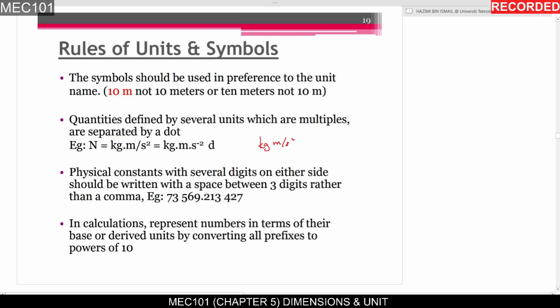But for the proper or formal way to write the units, we have to put the dot here. So let's try to implement this rule. Make sure we put the dot between the multiplication operations between the units here.